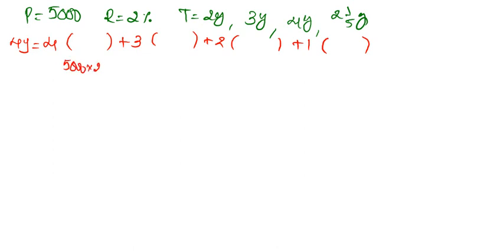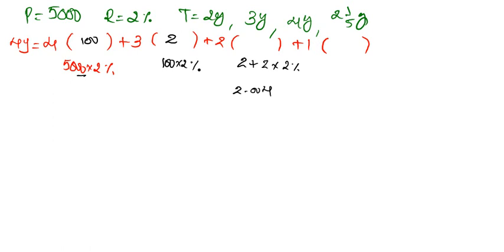The first box is 5,000 of 2%, which is 100. Again 100 of 2% is 2 rupees. Again 2 plus 2 of 2%, so 2 twos are 4, 4 by 100 means 2.004.